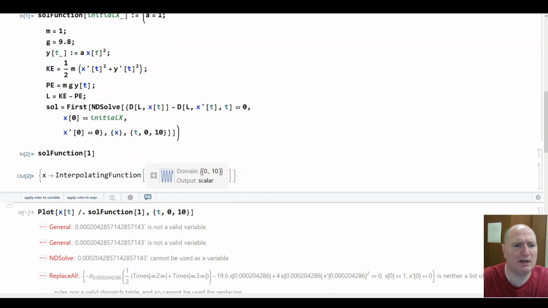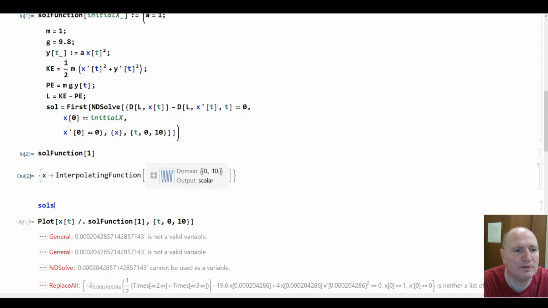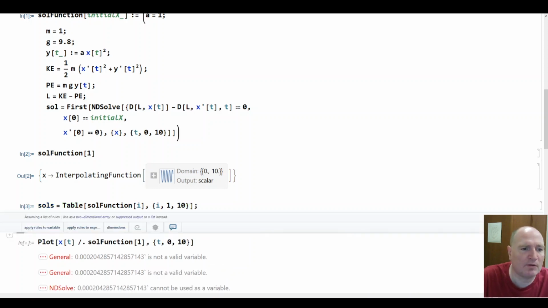So what I can do is sols equals table, sol function of i as i goes from 1 to 10. Okay, so now they've all been run.